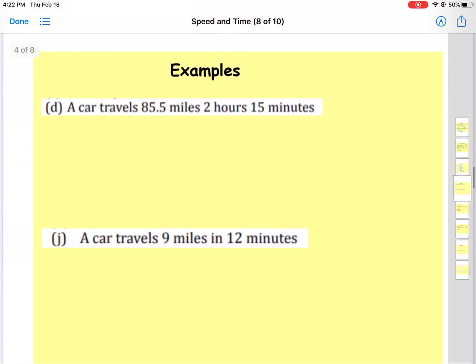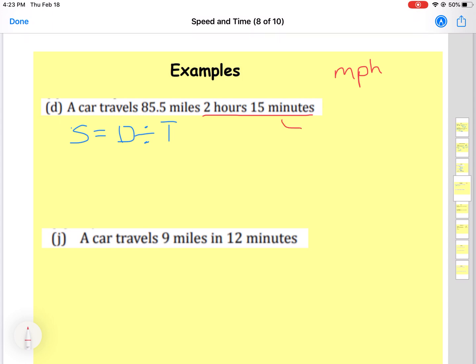Just like we did with the distance calculations, we can also convert our hours and minutes, or just minutes, into hours to be able to complete these calculations. So the reason that we want to do this for this type of question, to calculate the speed, is because we want to try and keep our notation and our units as normal as possible. So if I change 2 hours and 15 minutes into just hours, I will get the notation miles per hour, because I'll have miles and I'll have hours as my two units.